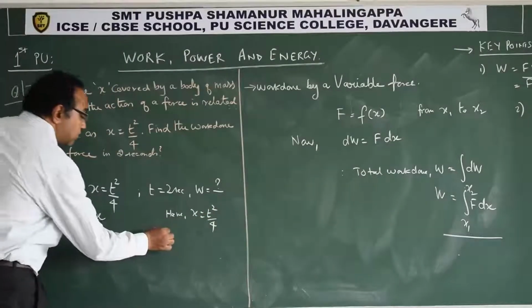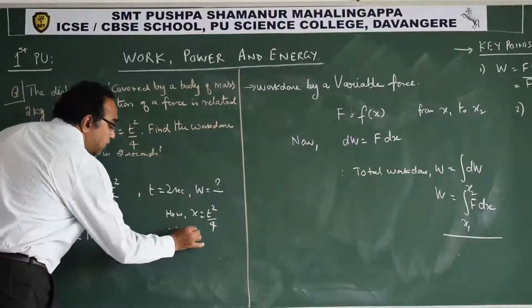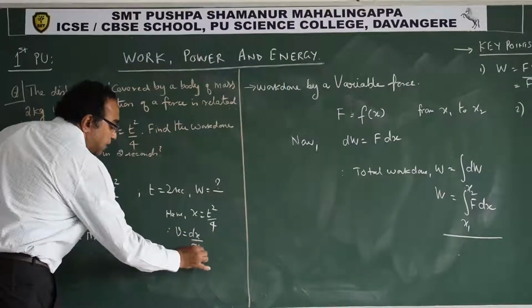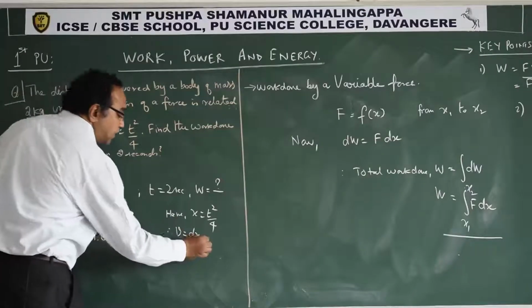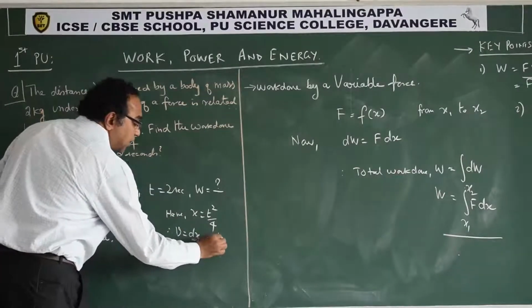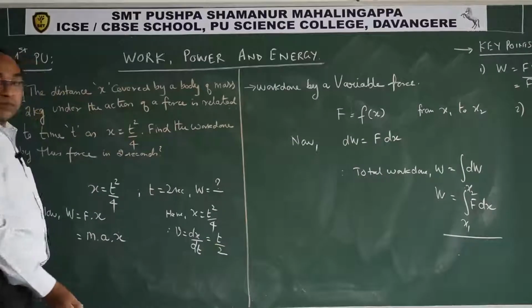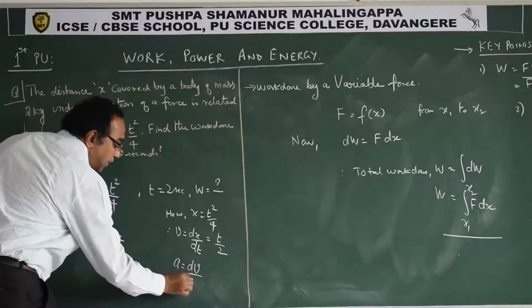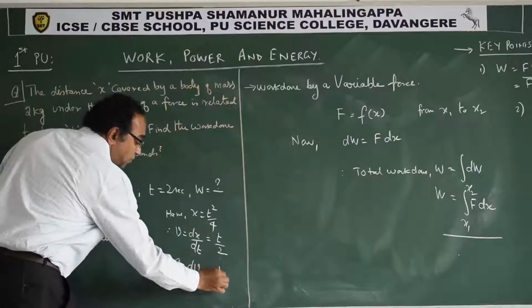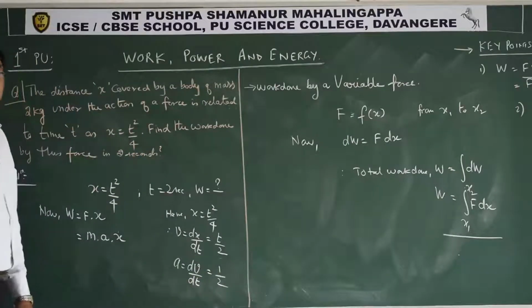Therefore, v is equal to dx by dt. First derivative of distance gives you velocity. This is t by 2. Acceleration is dv by dt. So this gives you 1 by 2. So acceleration is 1 by 2.